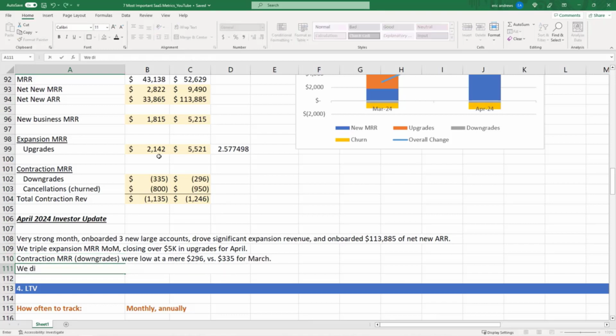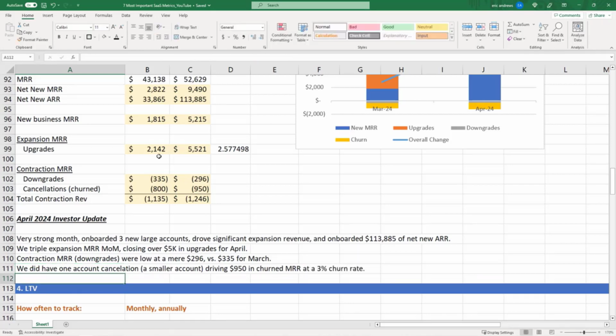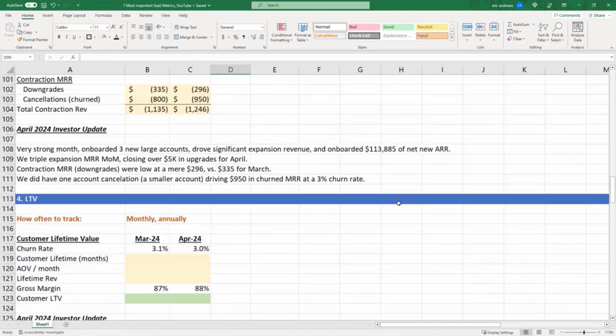And then we did have one account cancellation. It was a smaller account. You can see we only lost $950, driving 950 in churned MRR at a 3% churn rate. That should give investors a very good sense of where we're at with MRR.